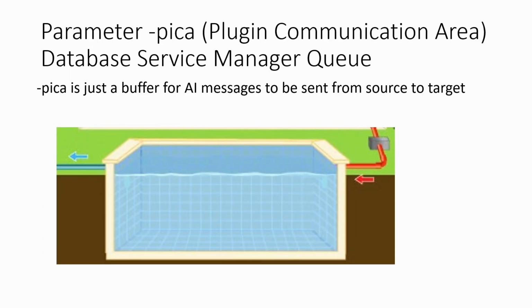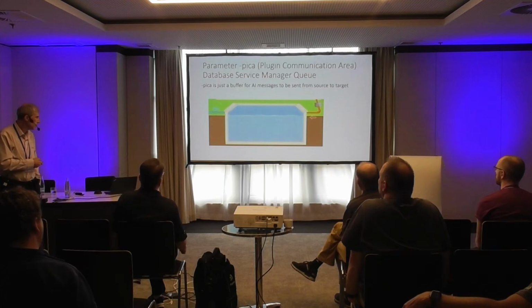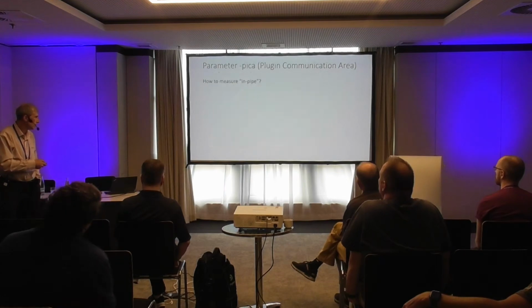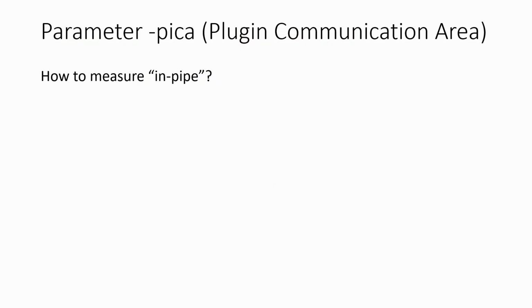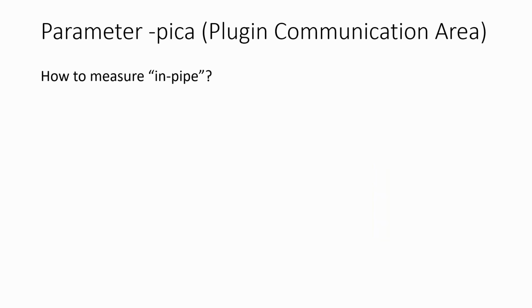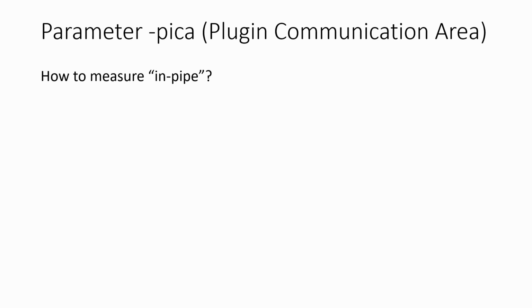Now a couple of words about the pica parameter. You may not have seen it. This is like a main area for replication, and you can think of it like a pool. The replication data goes in and out, and you measure this by the pipe that goes in.